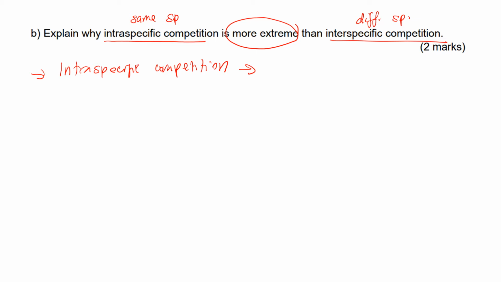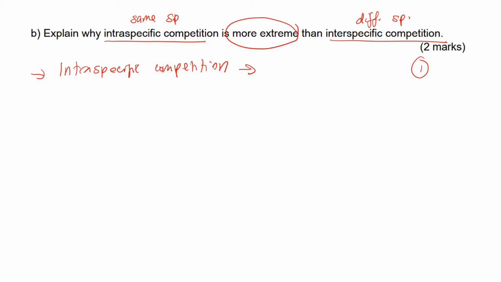They are competing for the same partner, for example, for mating. They are competing for the same nest, for example, or shelter. So that's why the effect is more extreme. That is for the first mark. They use the same resources, so that's why the effect is more extreme.